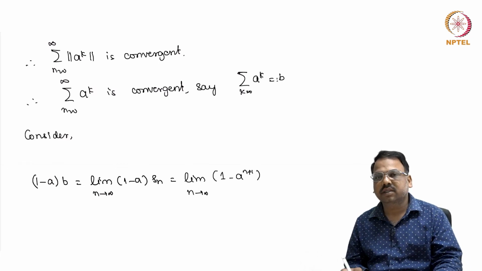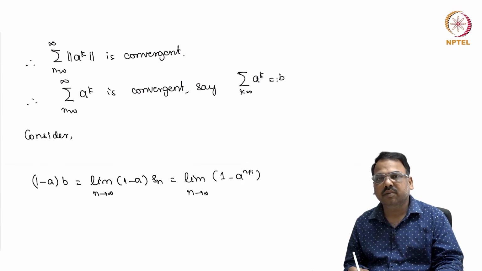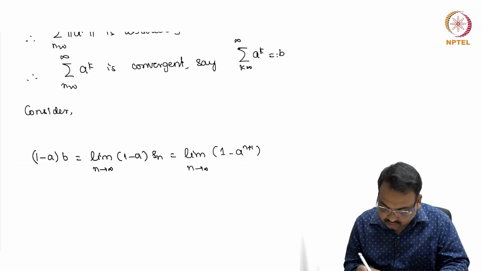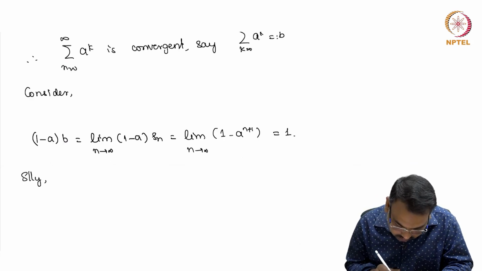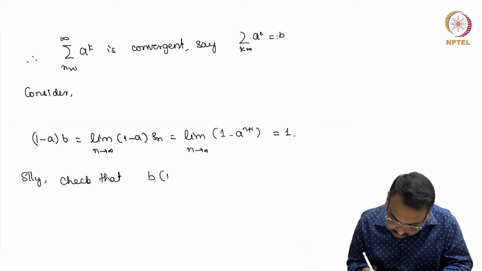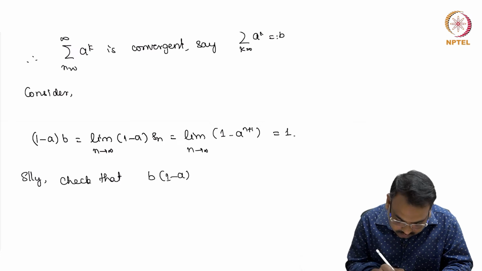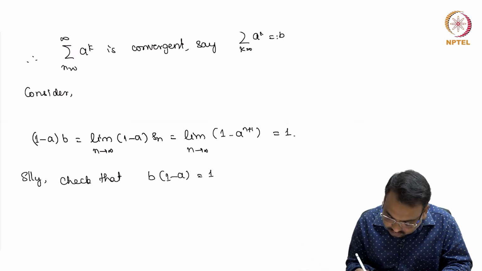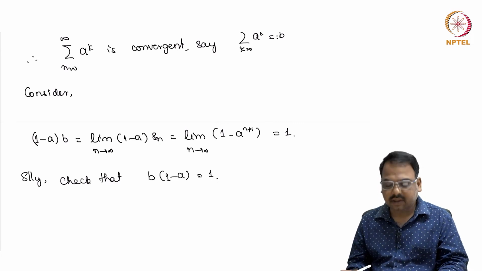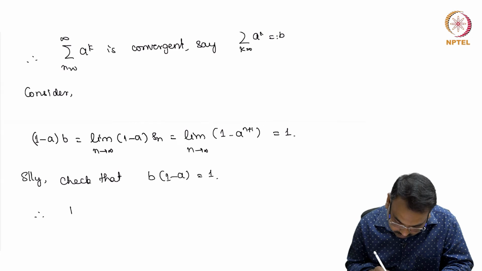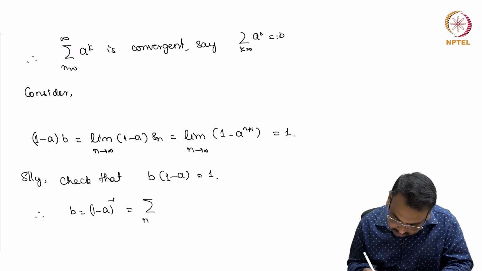Now because norm a is strictly less than 1, a power n plus 1 converges to 0 as n goes to infinity. So this is 1. Similarly, check that b into (1 minus a) is 1. So we can say that b is nothing but the inverse of 1 minus a. Therefore b is (1 minus a) inverse, which is nothing but summation n equal to 0 to infinity a power n.